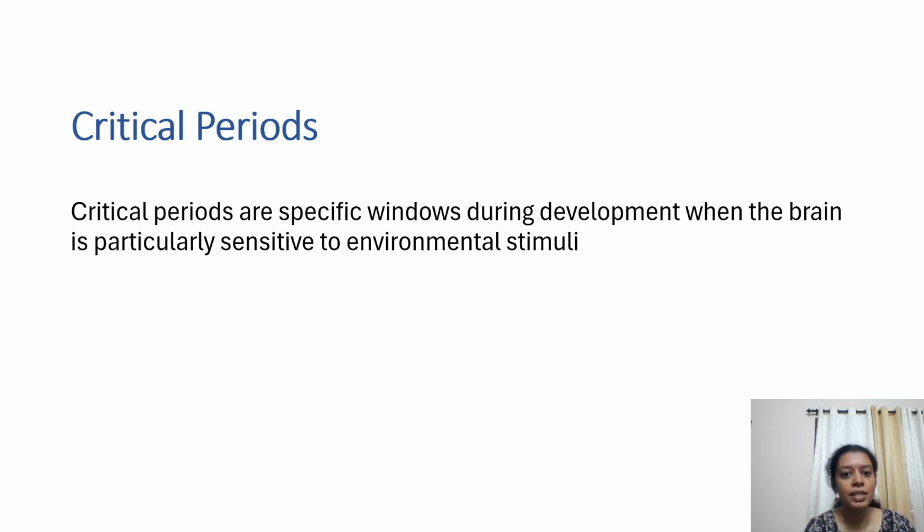If we miss this experience during the critical period, it might be harder to learn those skills later. That's the importance of the critical period. It's a specific window during development when the brain is particularly sensitive to environmental stimuli. I think it's clear.